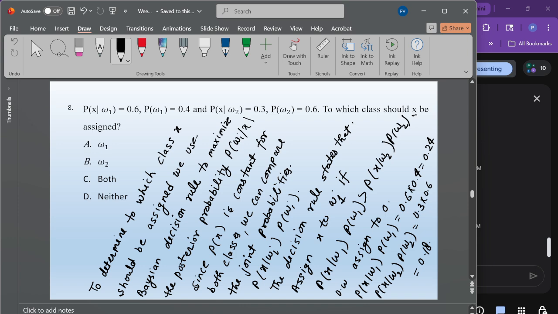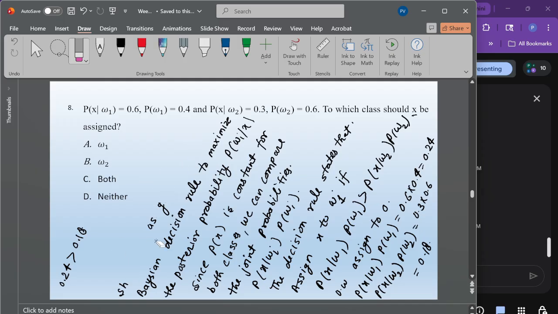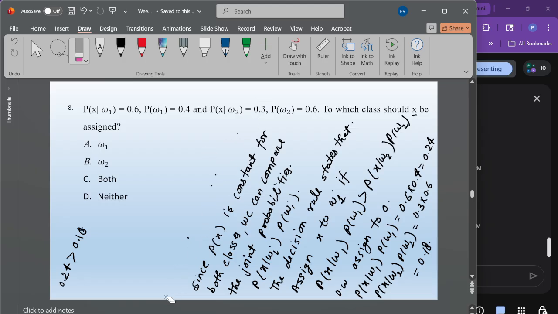Here 0.24 is greater than 0.18, right? So the joint probability of class omega 1 is higher than that of omega 2.